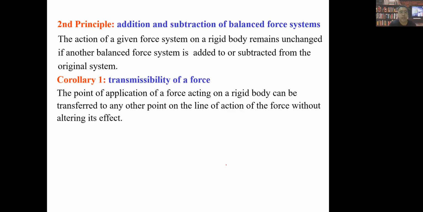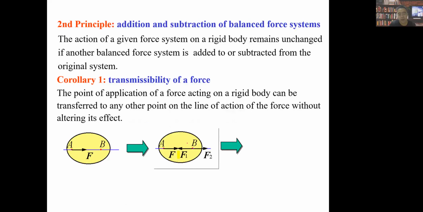The second principle is addition and subtraction of a balanced force system. Actually, this corollary is the important one. It tells us the transmissibility of a force. In order to save time, we will just look at the conclusion.